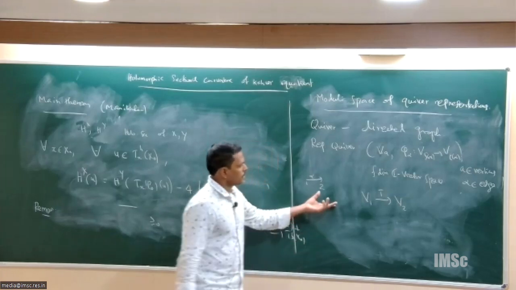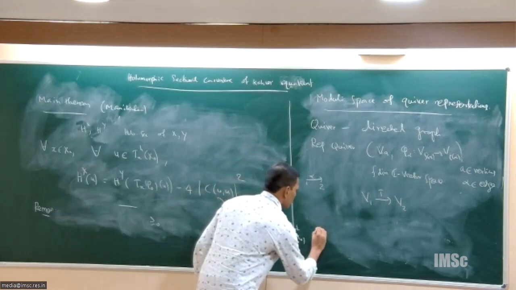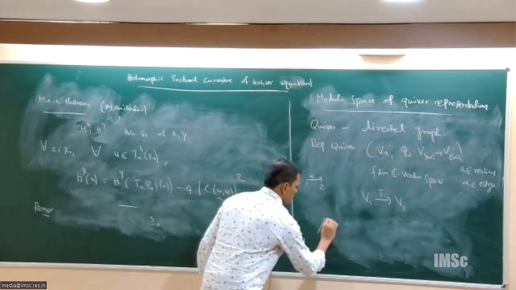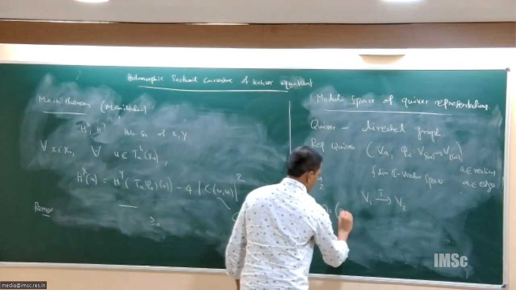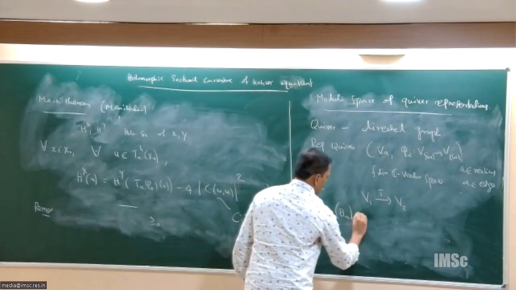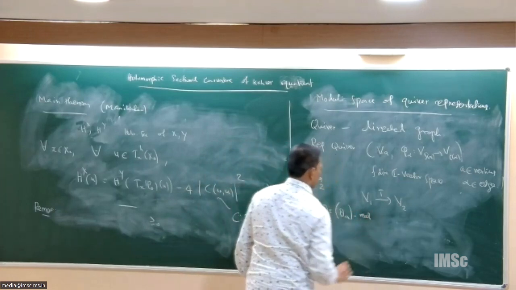Now there is a notion of stability. We have to define what stability is for a representation. We have to fix theta, which is a tuple of real numbers.